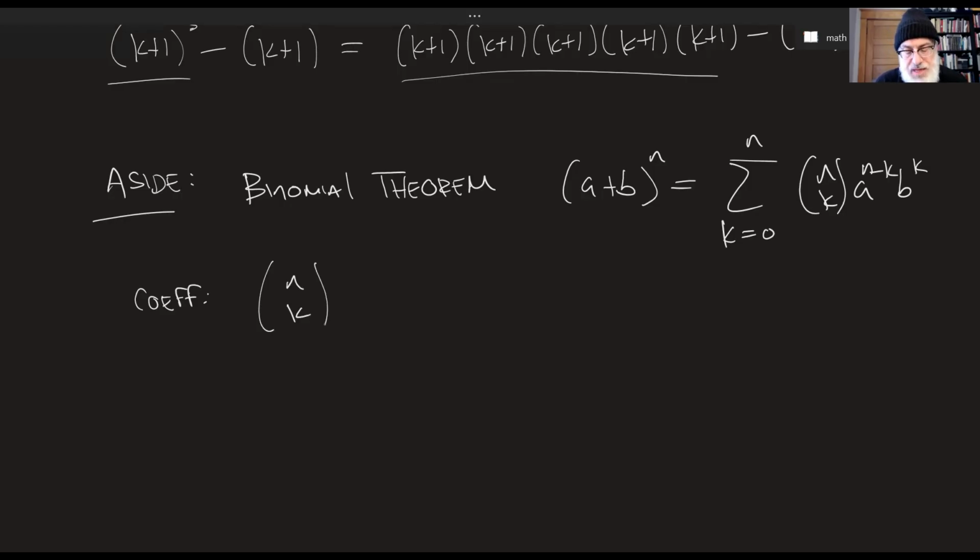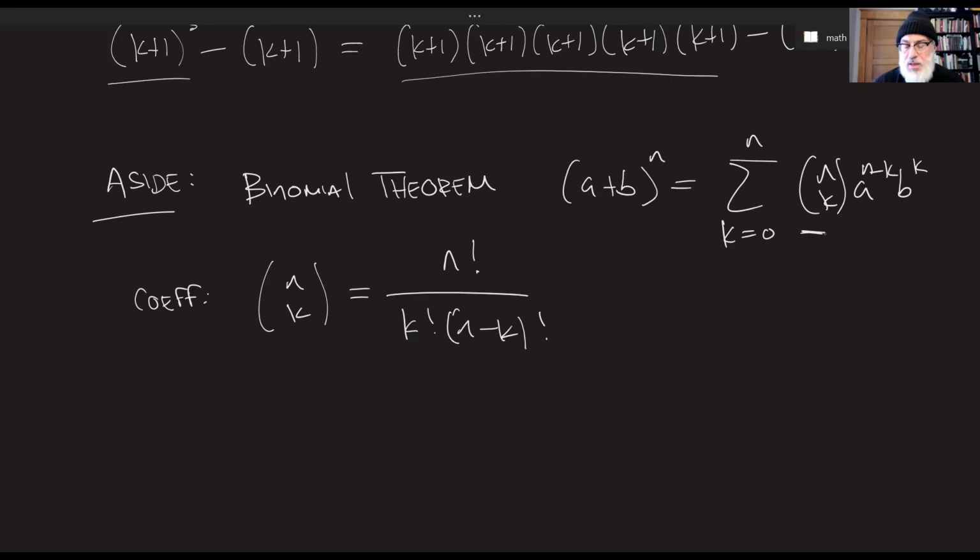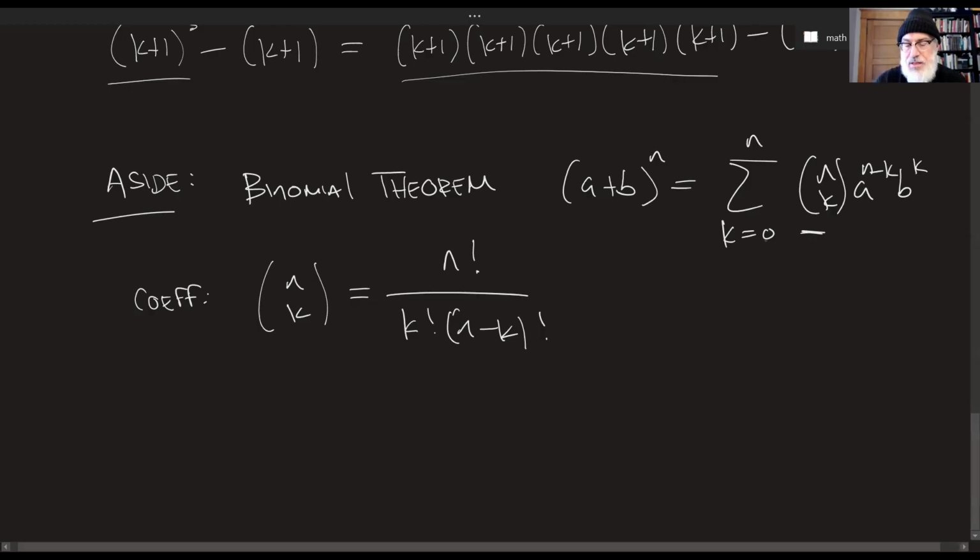This is n choose k, and there's a formula: n factorial divided by k factorial times (n minus k) factorial. So that's what this part is. A and b are obvious from the binomial we've chosen. For the sum from 0 to n, in our case n would be 5, and then we would sum from 0 to 5.